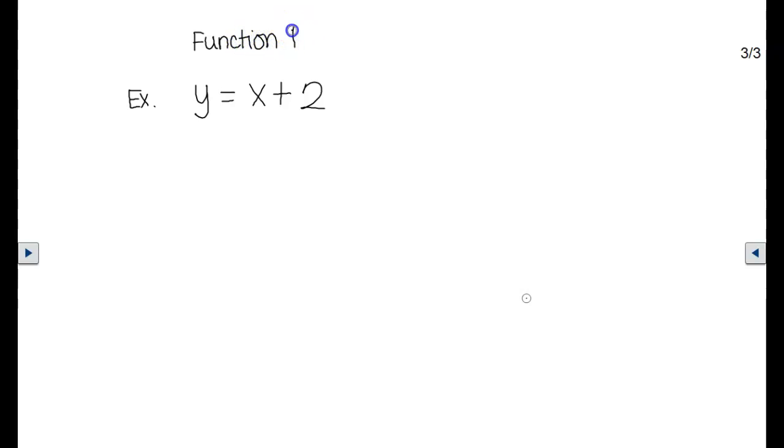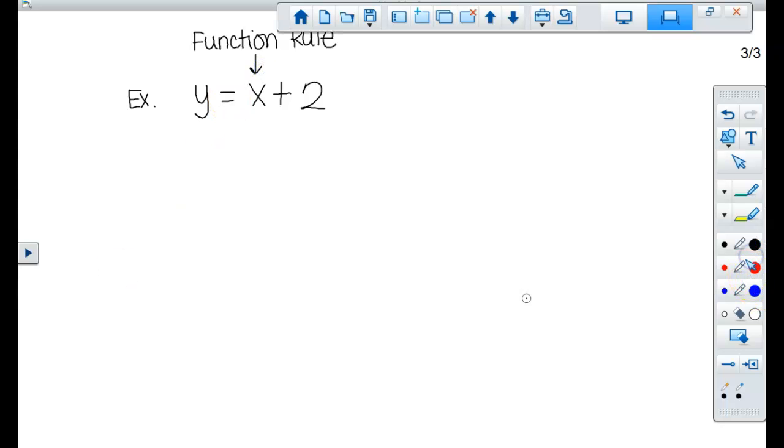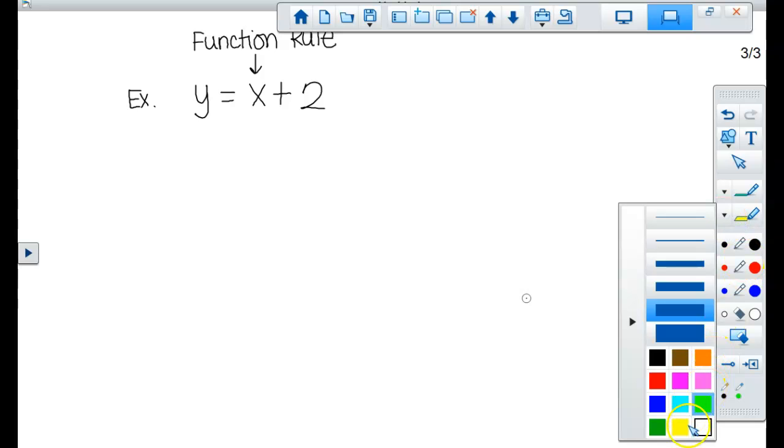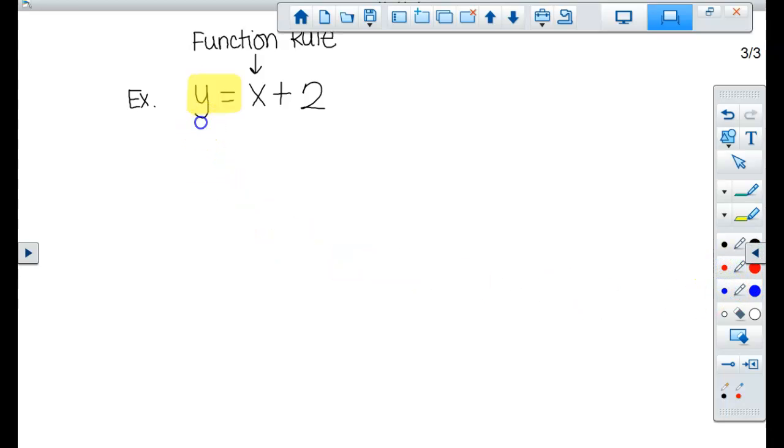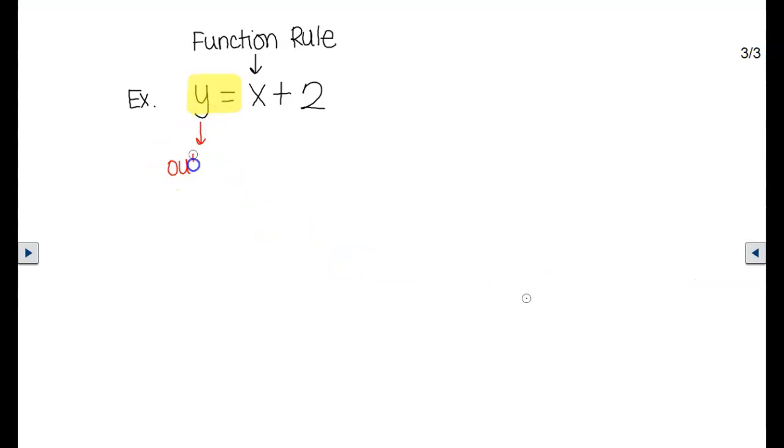What I have here is actually a function rule. I want you to look at what this rule says. Notice that this equation, this function rule, starts out by saying y equals. That y is the output. So this equation is saying that the output is equal to what we see on the other side.